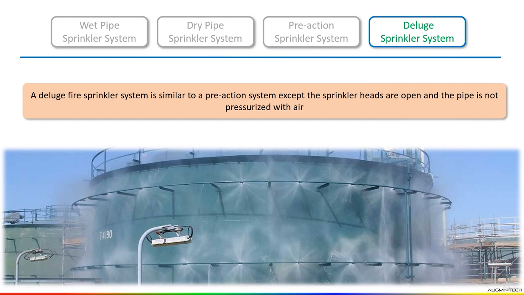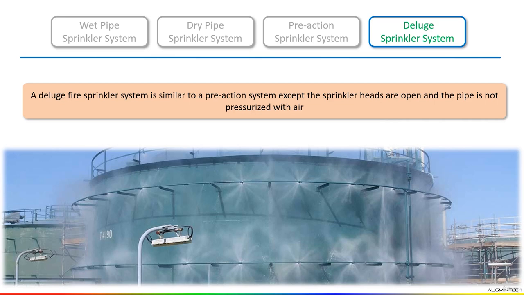And in this system, water is stored under the deluge valve. Remember one point: the valve which we are using in this deluge sprinkler system is a deluge valve. Water is always stored under the deluge valve, and this deluge valve is manually shut off after the activation.